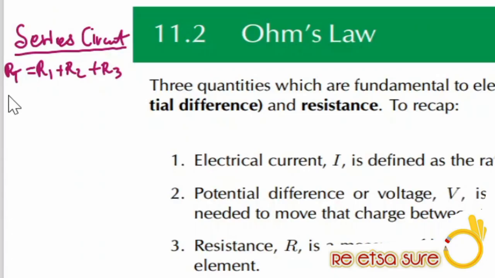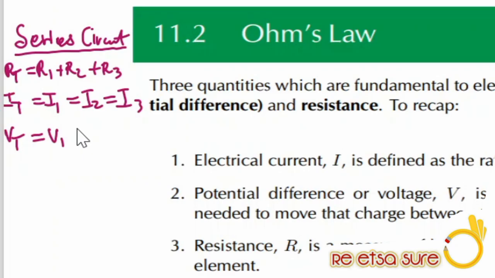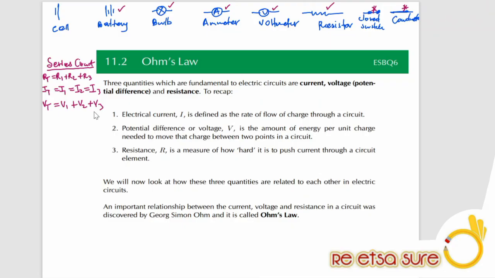The total current I total is equal to I1, which is equal to I2, which is equal to I3. This is just part of revision. Remember that for now we are busy with the grade 11 curriculum, so I hope you did this in grade 10. And the total voltage is V1 plus V2 plus V3. This one is for series. What about parallel?